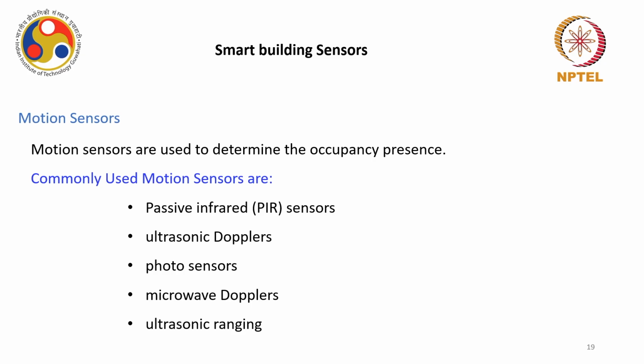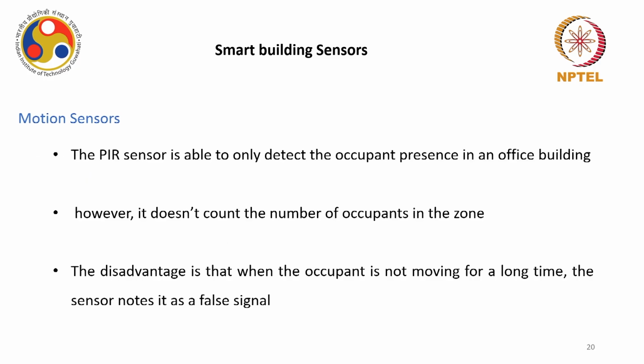They become more significant when you talk about indoor movement or indoor behavior of the occupant. Commonly used motion sensors are PIR sensors, ultrasonic Doppler sensors, photo sensors, microwave sensors, which are again based on the Doppler effect, and ultrasound ranging devices.